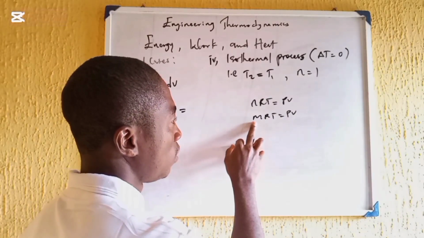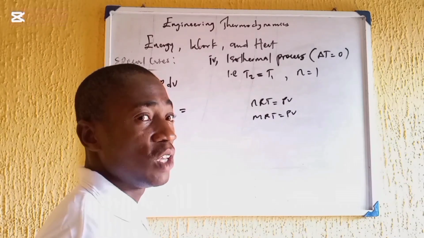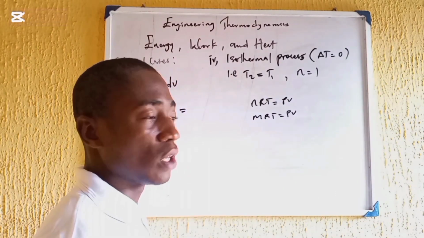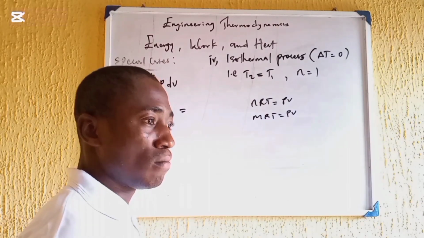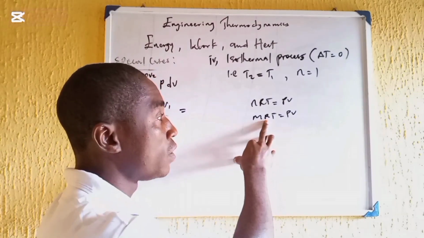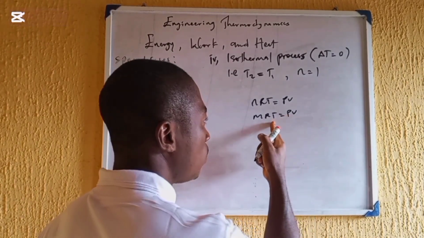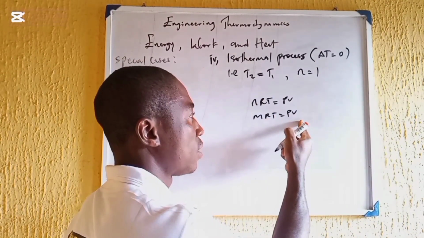Now this guy is fixed, or this guy is fixed, whichever one. Remember, the definition says for a fixed mass of gas. So when you're stating Boyle's law, Charles' law, it's talking about a fixed mass of gas. In other words, mass is constant. And this is the gas constant, which is also fixed. So for PV to be constant, T must also be constant. If T is not constant, then PV is not constant.